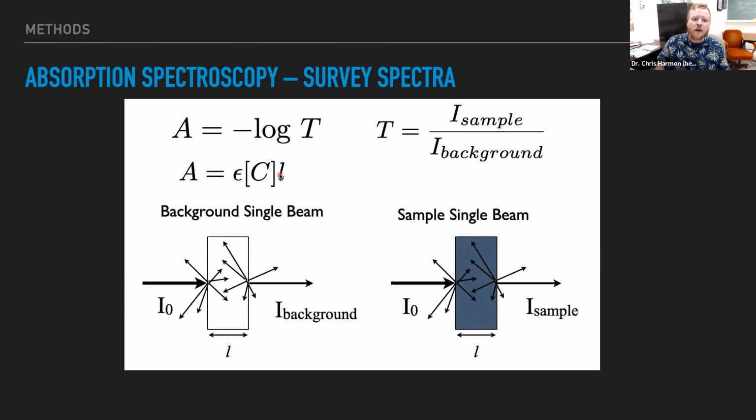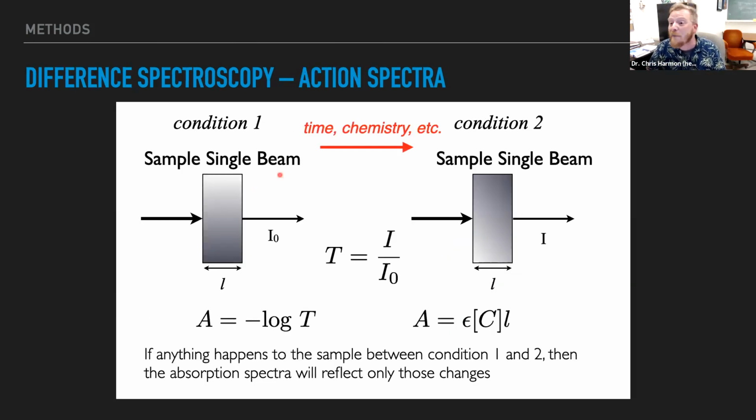Okay, so this is what I call survey spectra in my lab. And so if we wanted to know the appearance and position of functional groups, we would do a survey spectrum. Now, if we wanted to do chemistry, we use what's called difference spectroscopy, or as I like to call it, an action spectra. And in an action spectra, our sample is our background.